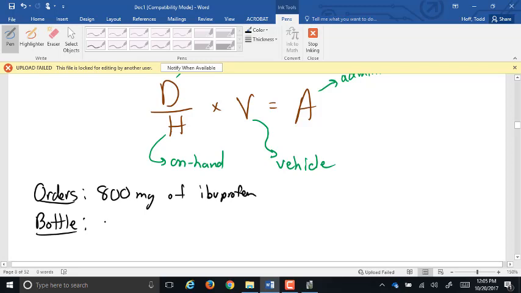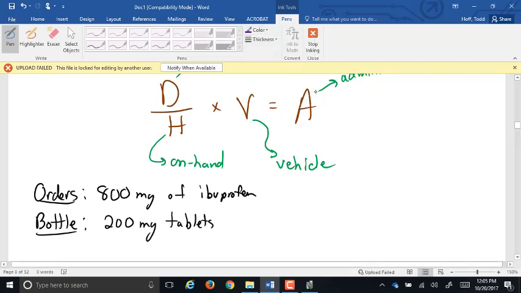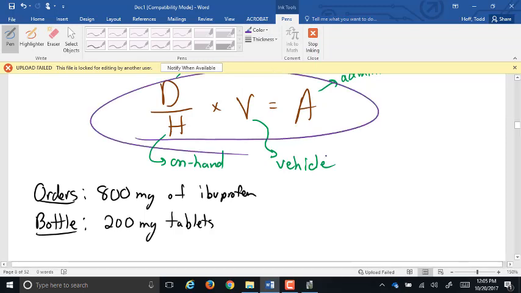Look at the label on the bottle, and it says 200 milligram tablets. So for our formula, what is the desired dose? 800 milligrams. The on-hand dose is 200 milligrams.